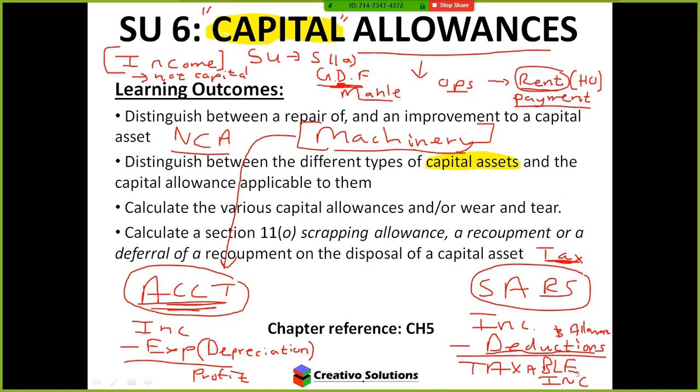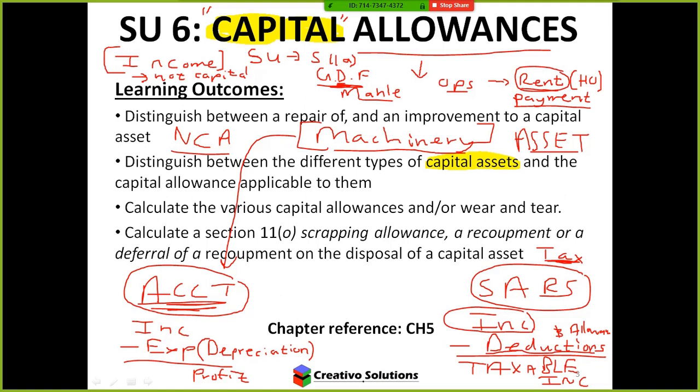Capital allowances are very specific and they're only specific to assets. That's the key. Any asset that I'm going to be utilizing in the production of income, I'm going to be able to claim a portion of it or even all of it as a deduction, but in the form of an allowance, not as a deduction as such.